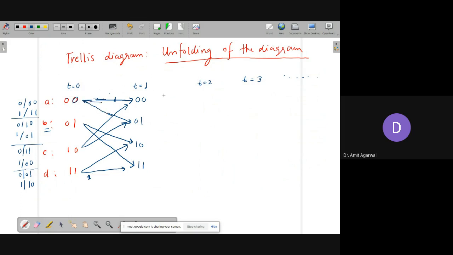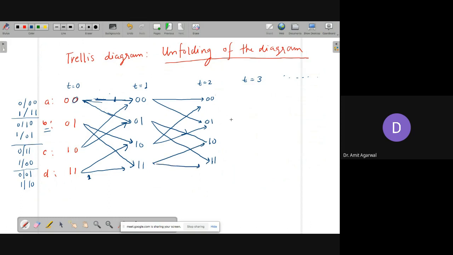In the next state, similar will happen, that if you are in 0 0 state, 0 comes, you will go to 0 0, 1 will come, you will go to 0 1. Similarly, when you are in 1 1, you go like this.